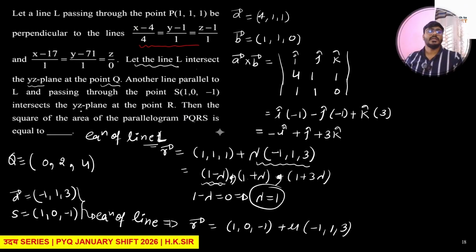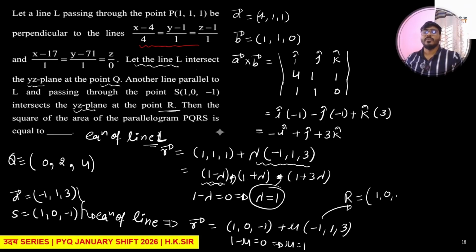And this line intersects the yz plane at point R. Again x coordinate is 0, so 1 minus mu equals 0. So mu is equal to 1. If you put mu equal to 1 in this equation, you will get point R.